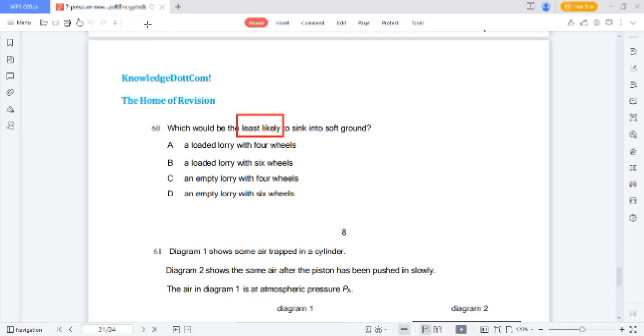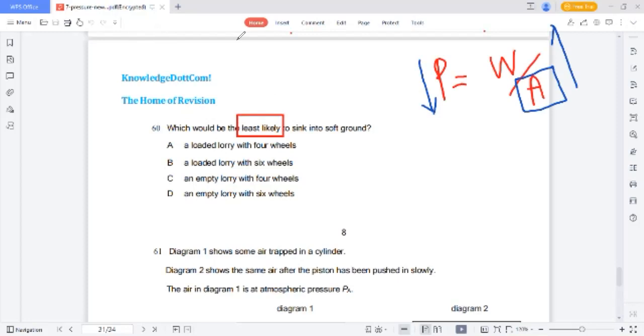Pressure is weight over area. If the pressure is to be small, then the area should be large and the weight should be small.